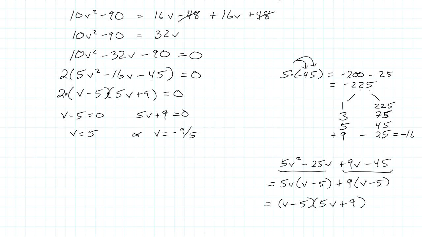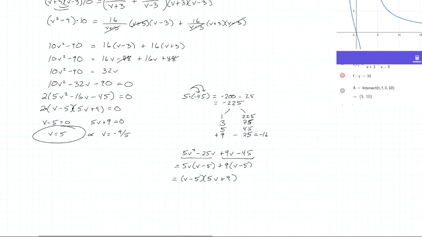And so from this, we have to use the positive answer because we're not going to be rowing backwards. And that agrees with what we came up with on the graph.